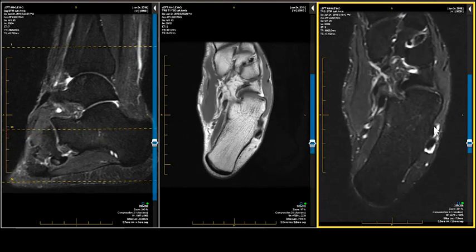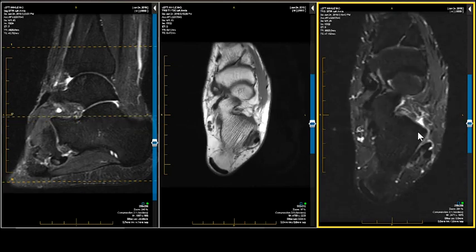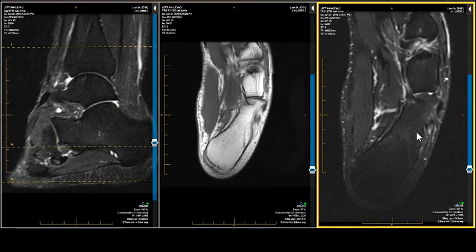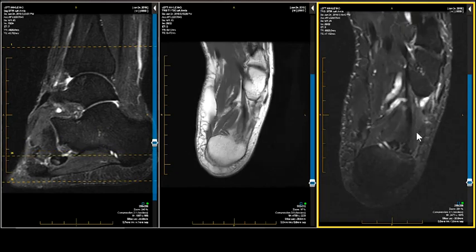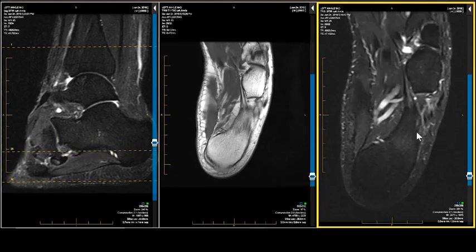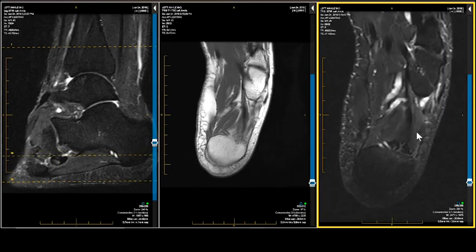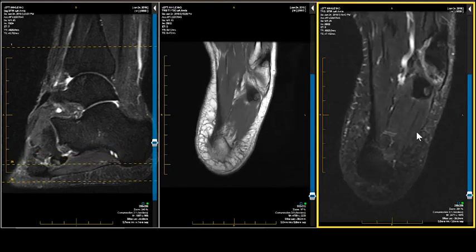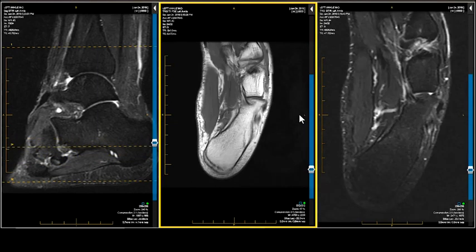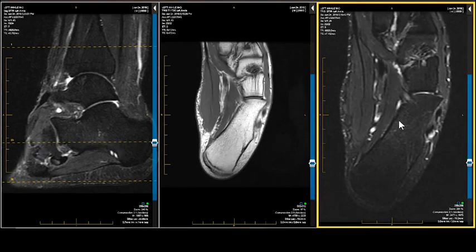There's some peroneus brevis and longus peritendinitis, but no tear. Well, I'm going to have to take that back. I didn't read this case, but I'm reading it now.